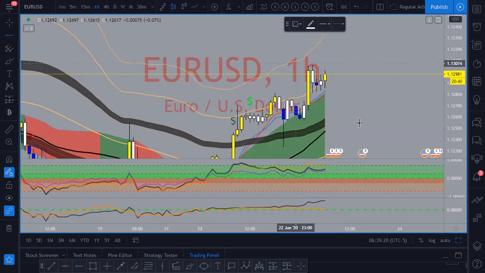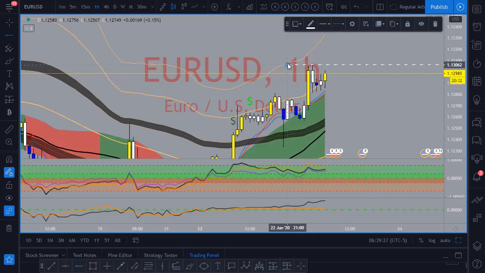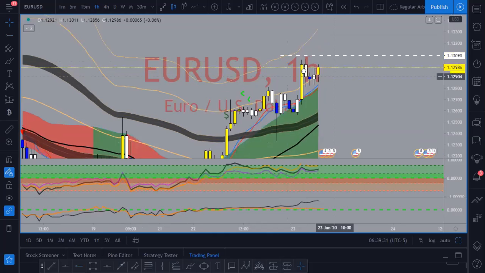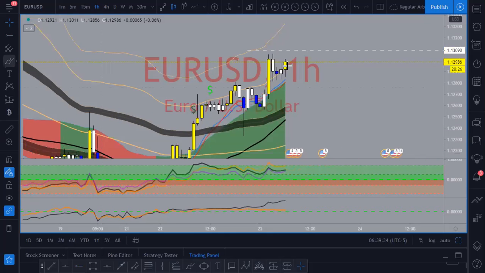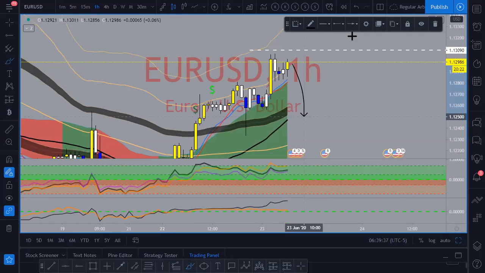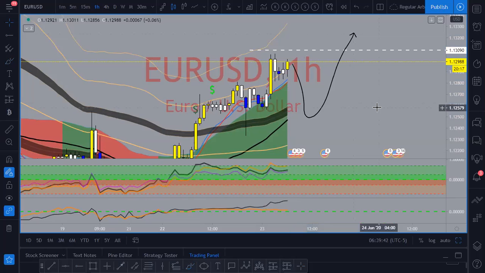That might be a good buy stop area. If you're looking for a buy on EU, I'd rather trade something else. Realistically, if I were to get into a buy, I want price to come down, respect the RSI line, and then go bullish. That's what I would look for if I was trying to get into a buy.